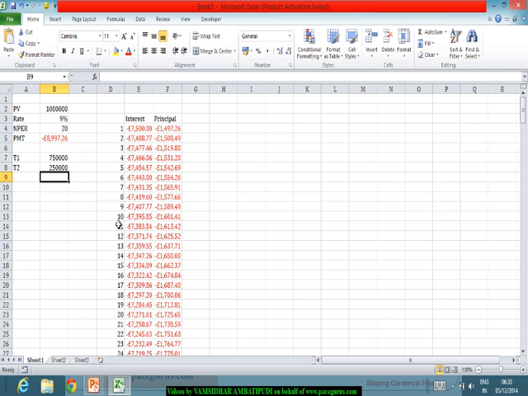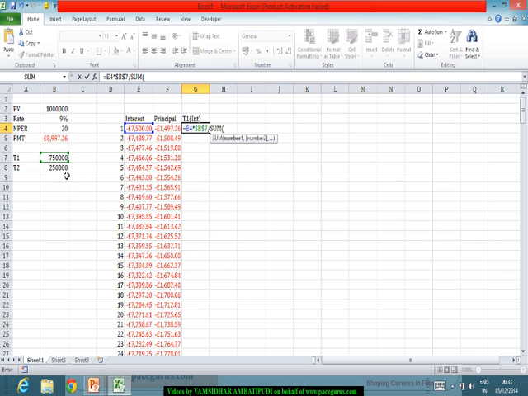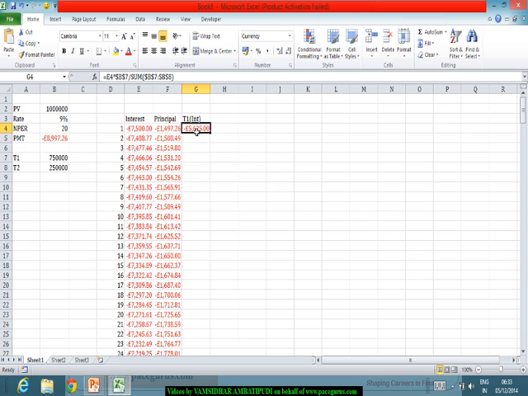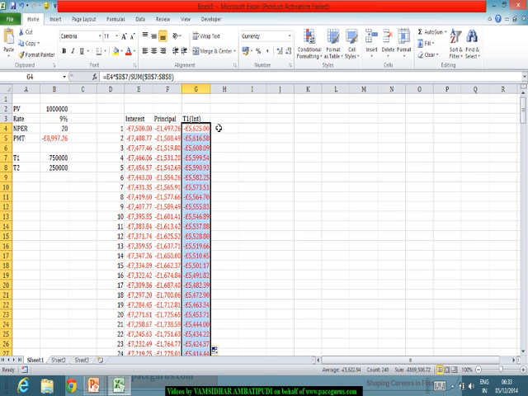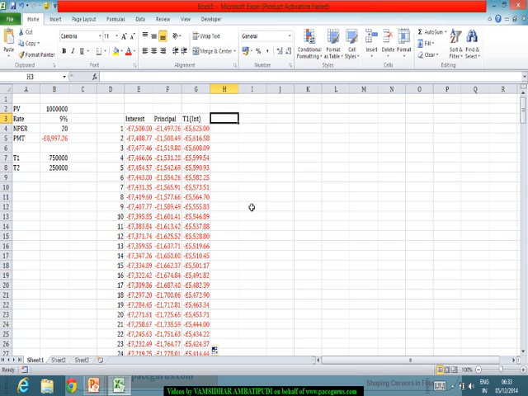Now what we are talking of is the interest for tranche 1. If these are the payments that are coming from the borrowers, for the tranche 1 interest part, I will always look at this interest portion multiplied by the ratio of the tranche's balance divided by the summation of the balances. So the interest portion is allocated to both the tranches in the same way. So the interests are paid off in this particular manner.